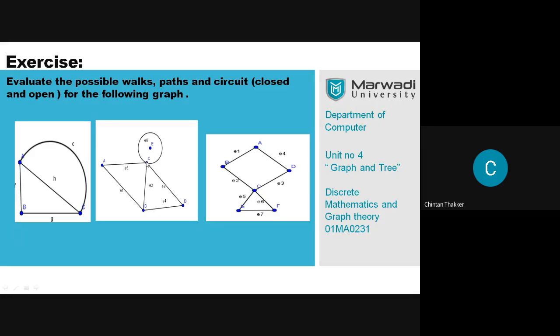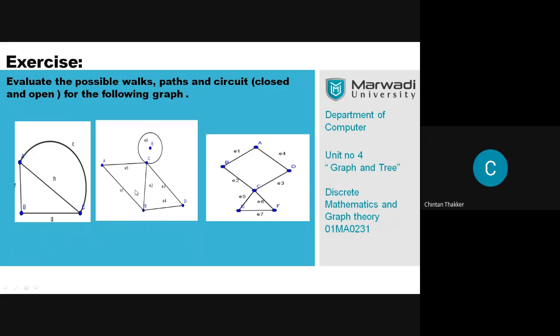Similar way here also, if we want to find one closed walk which contains all vertices, then if we go with this A, C, then by E6, C again, then E3, D, E4, B, then E1, A, then E2 is the remaining.